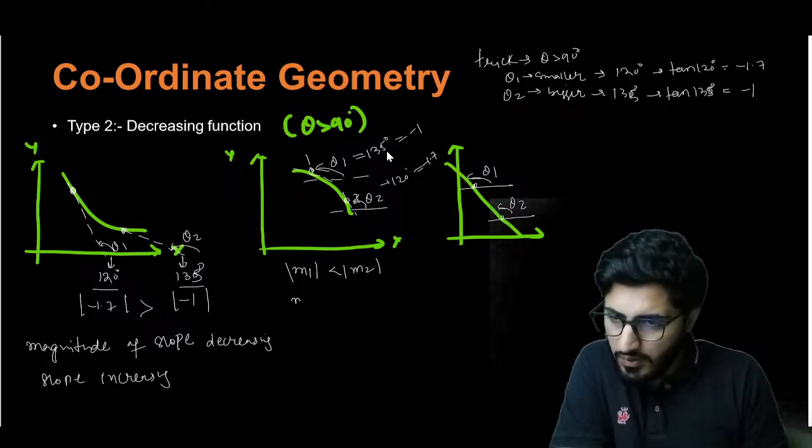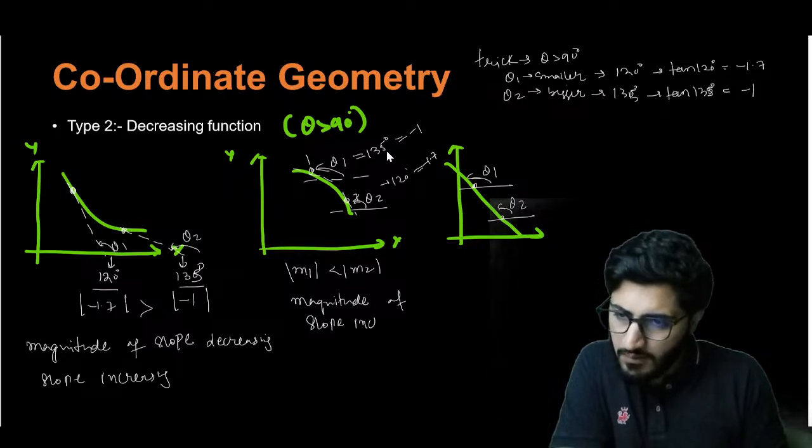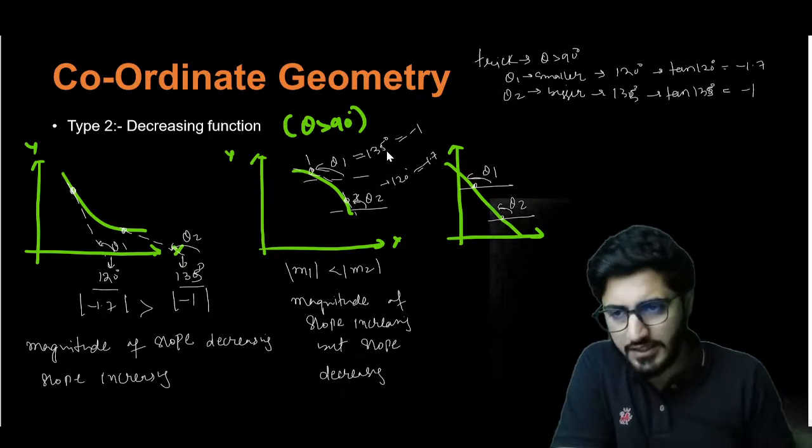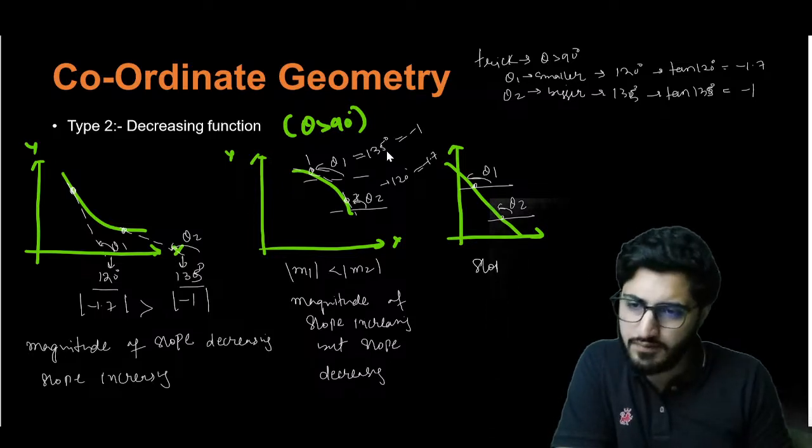So you can write magnitude of slope increasing but slope is decreasing. This one, slope is constant.